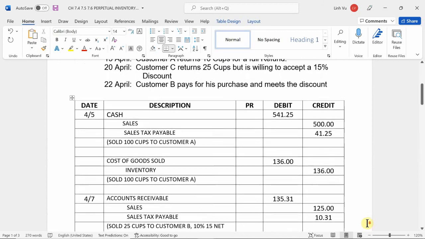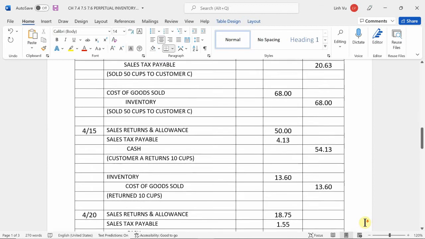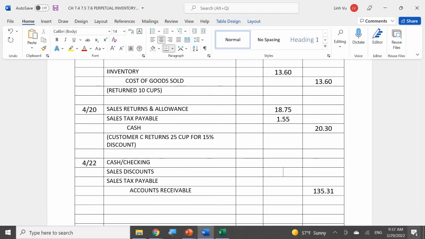Which amount can I take this 10% out from? 125. 125, right? You can only take the discount off of the original selling price. You cannot take it off of tax or shipping or anything like that. So in this case, I have to take the 10% discount off of the original sales of $125. So what is my total discount here? $12.50.